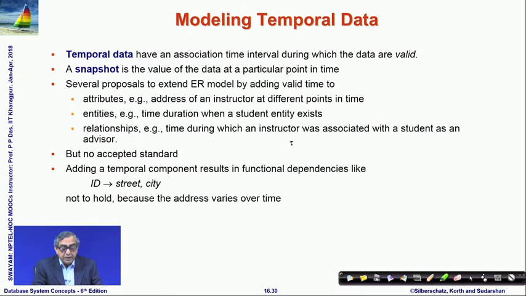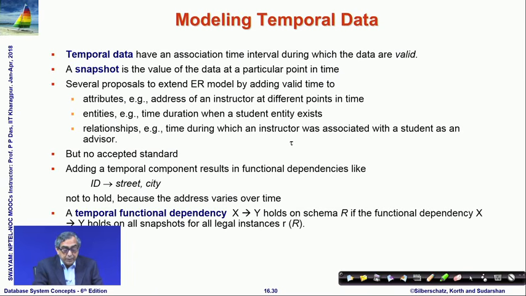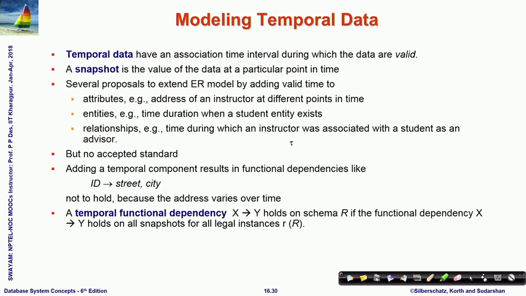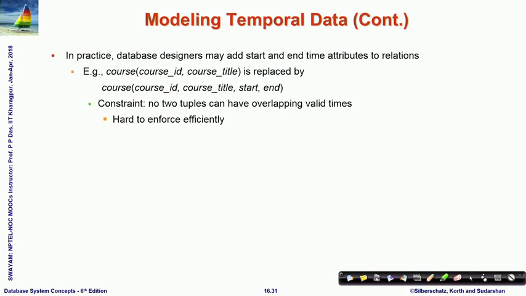There is no accepted standard, and if you know that it keeps on changing with time, then your original dependencies might get affected, they will change as well. So, these are the things that you will have to take care of.